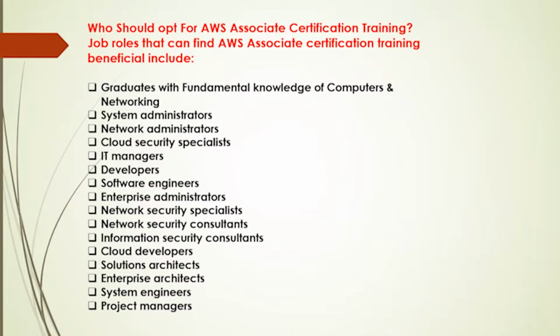Those people who are already working as a system administrator can also opt for this course. Network administrators can also choose this course. Cloud security specialist, IT manager, developers, software engineers, enterprise administrator, network security specialist, network security consultants, information security consultants, cloud developers, solution architects. There are many designations present across this whole IT world. All of these people can easily do this solution architect associate course.